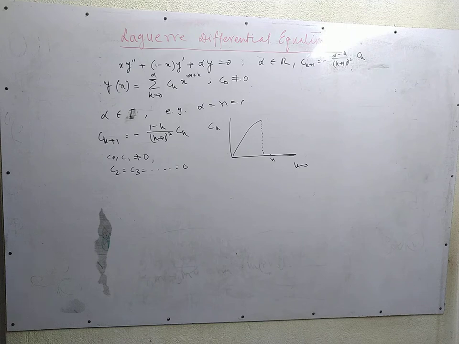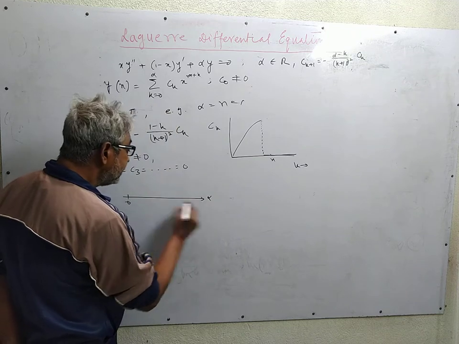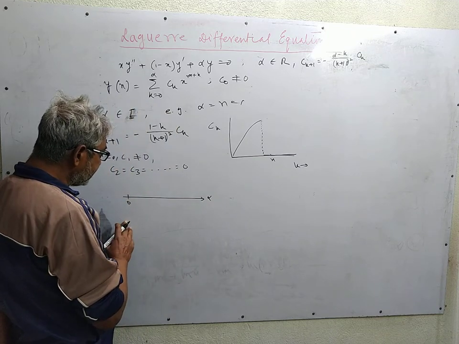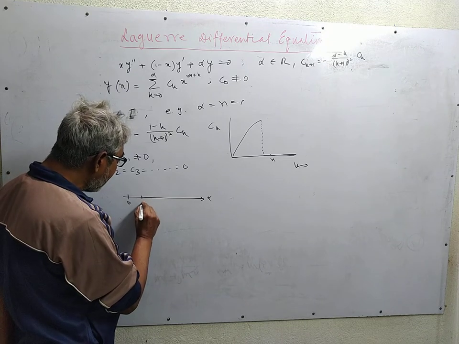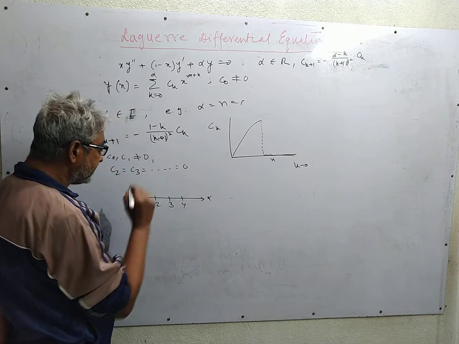So the infinite series reduces to a polynomial, and the polynomial solution is obviously a convergent one. So the asymptotic divergence of the Laguerre differential equation could be avoided by choosing a special value of alpha. In general, in the Laguerre differential equation, alpha could take any value from 0 to infinity. But if we want a finite solution, then alpha should have only special values, natural integral values.